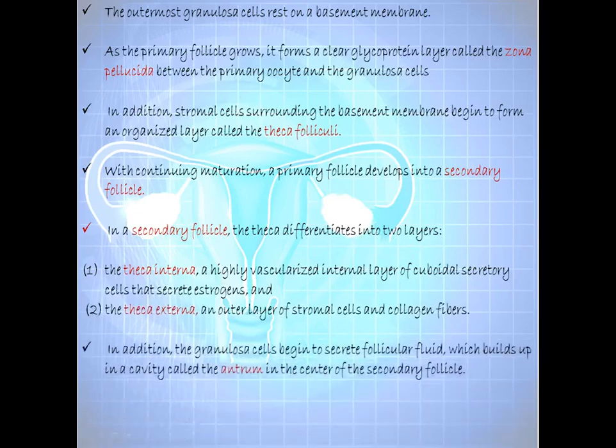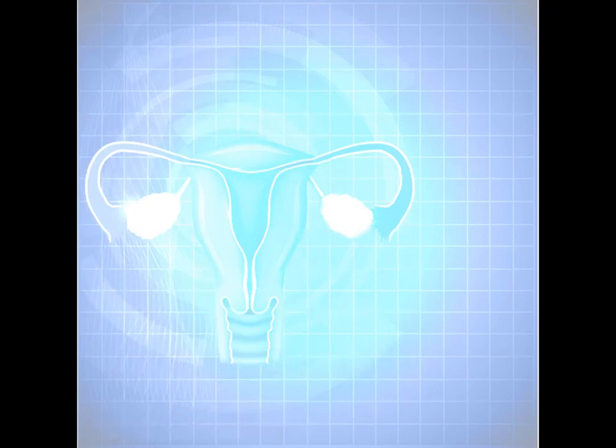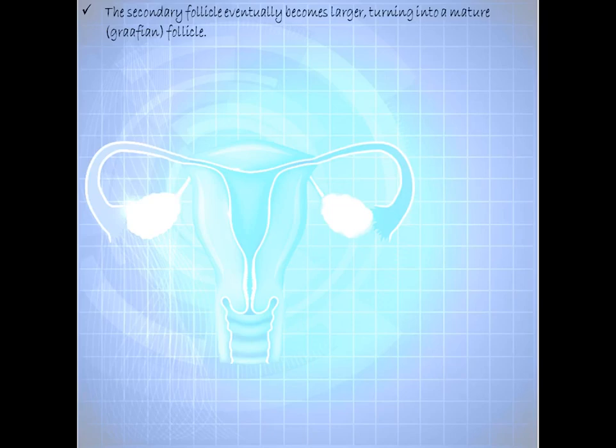In addition, the granulosa cells begin to secrete follicular fluid, which builds up in a cavity called the antrum in the center of the secondary follicle. The innermost layer of granulosa cells becomes firmly attached to the zona pellucida and is now called the corona radiata. This secondary follicle eventually becomes larger, turning into a mature or Graafian follicle.